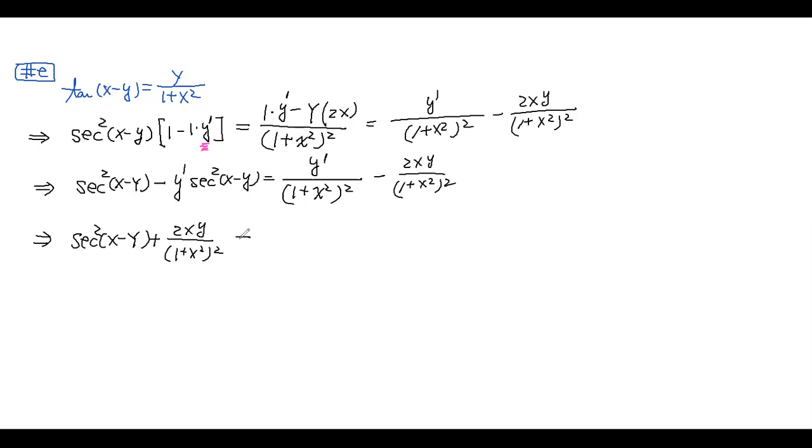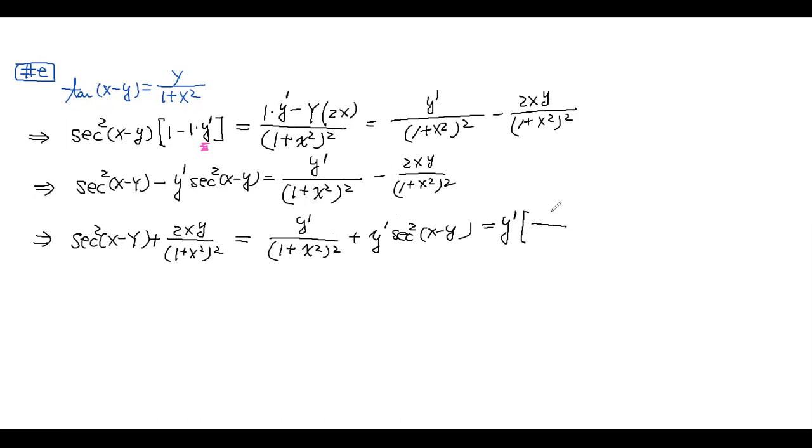Okay, so then here I have (1 plus x squared) squared y prime plus y prime secant squared x minus y. Not bad, not bad. So it's getting a little long, so this is y prime, right?